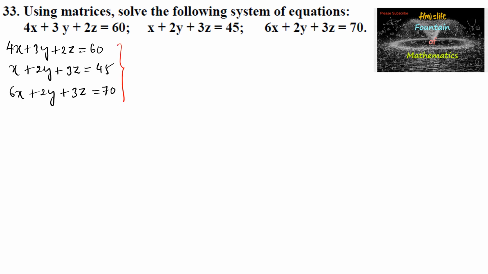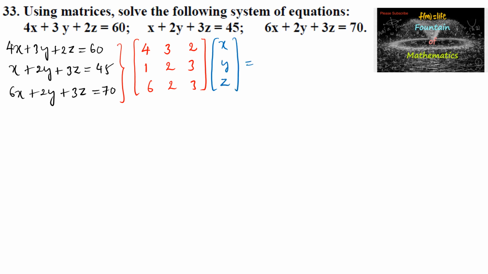So the given equations we can write in matrix form, taking the coefficients 4, 3, 2, 1, 2, 3, 6, 2 and 3 from the three equations on the left side, and the variable matrix x, y, z is equal to the constants 60, 45 and 70, a column matrix.